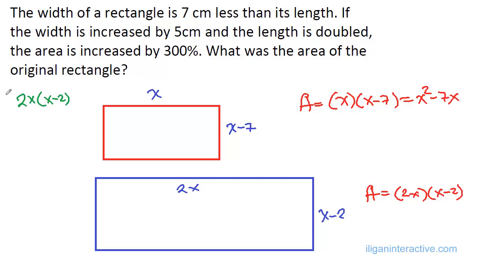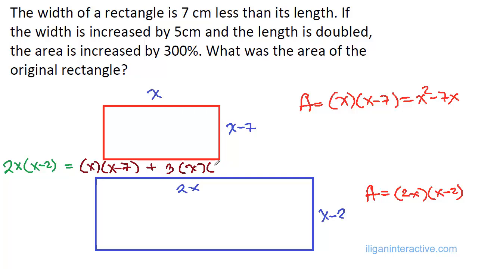Okay, I'm not simplifying it yet. 2x times x minus 2 is equal to the original, so x times x minus 7, plus 300%, meaning increased by 300%, meaning plus 3 times that one. Okay, 3x times x minus 7.